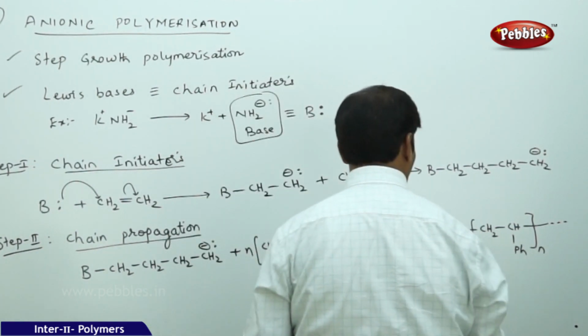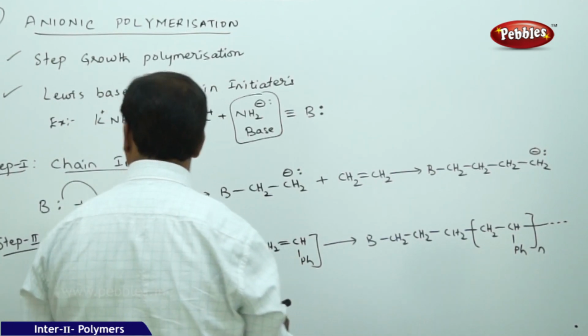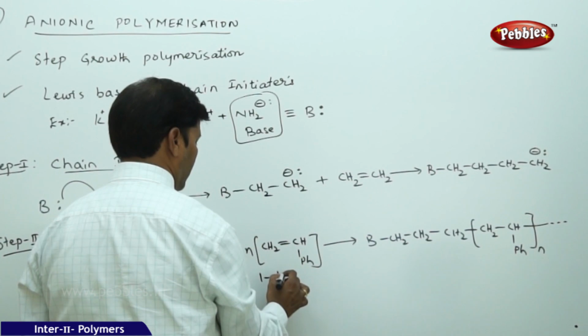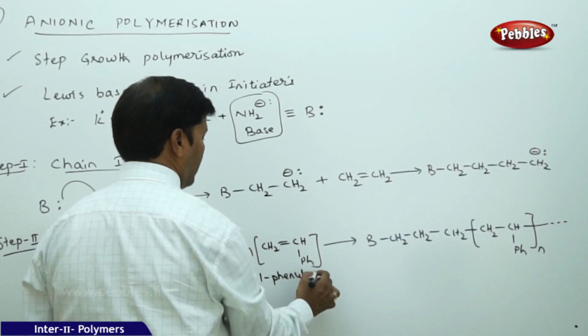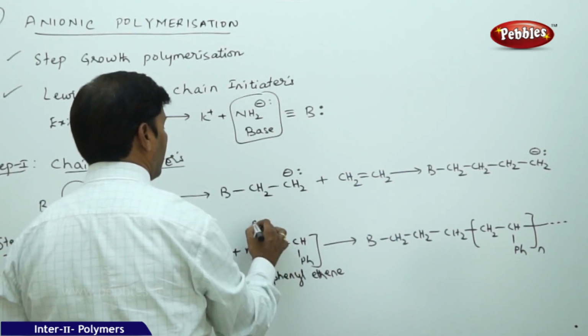So this is how we can continue. This is 1 phenyl ethene, otherwise called styrene.